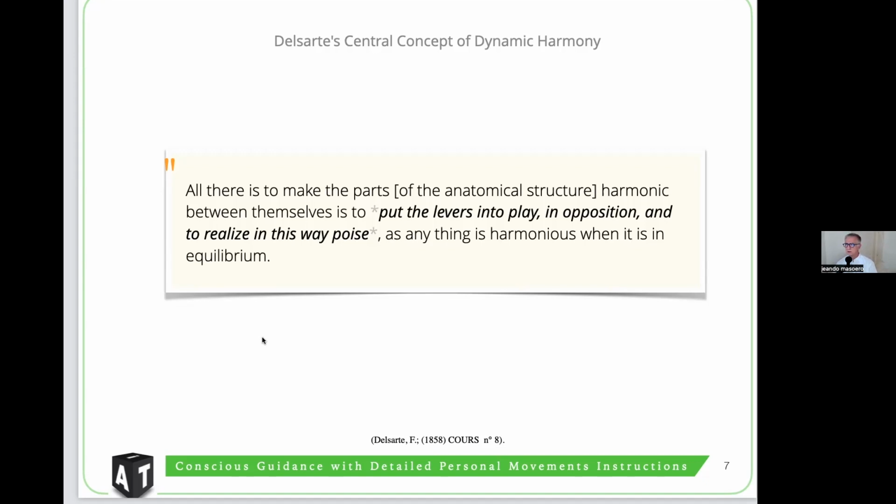This is not the kind of observation that Delsarte has created, and I do not observe how my pupils or students are behaving with these kinds of impressions. It's not at all the Delsarte way.